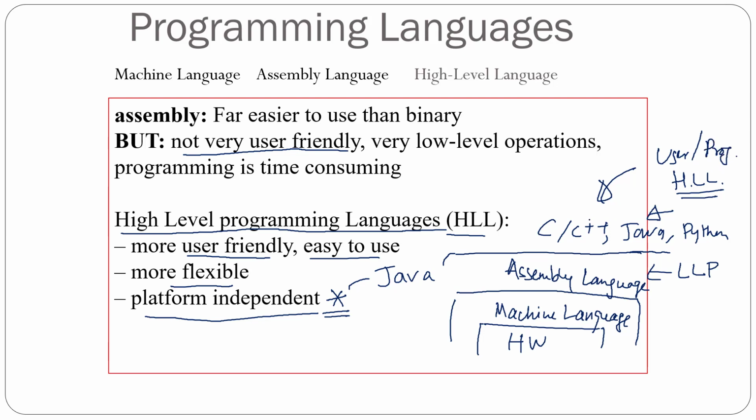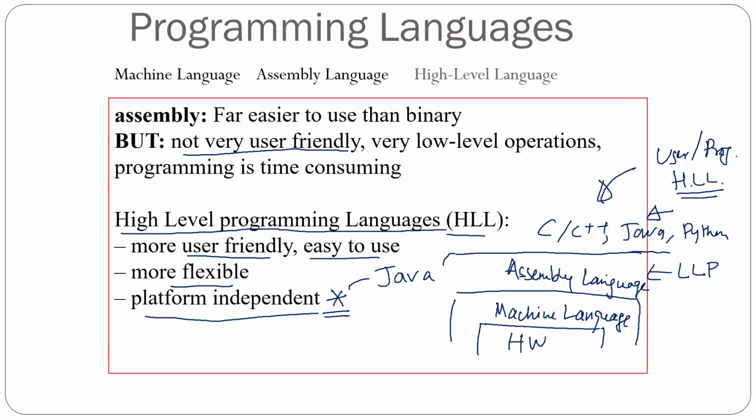That's the reason we call these languages high level, because they are close to the human being, high level from the hardware. Whereas machine language and assembly language are called low level, because they are close to hardware and more specific to the hardware.